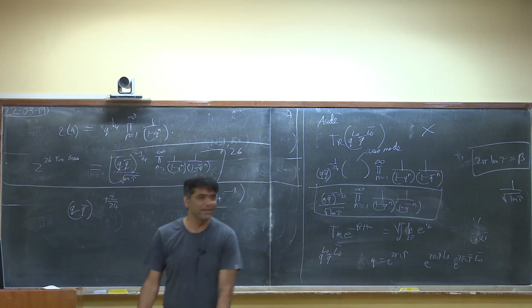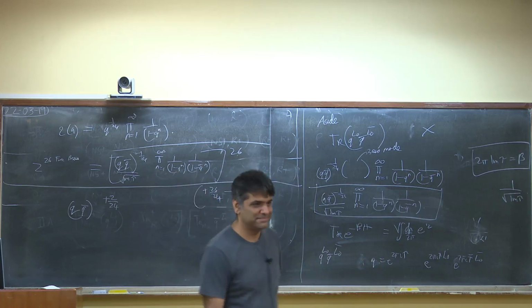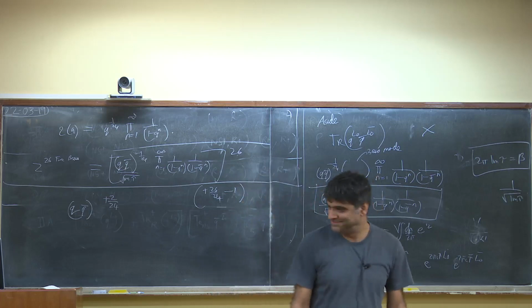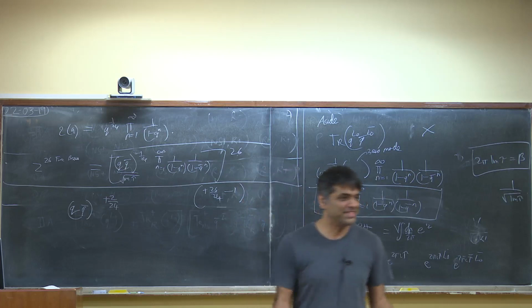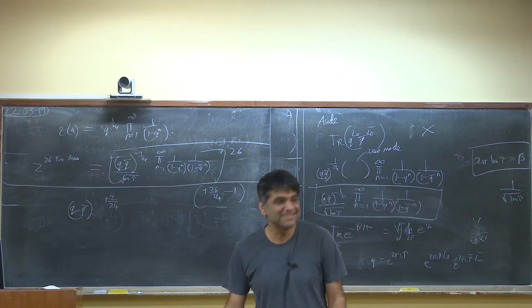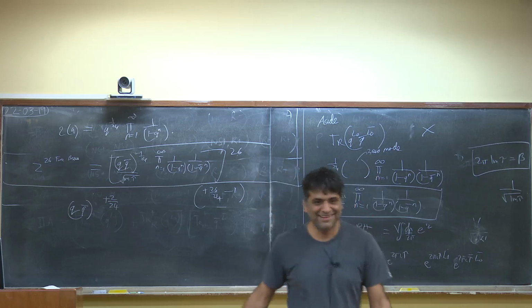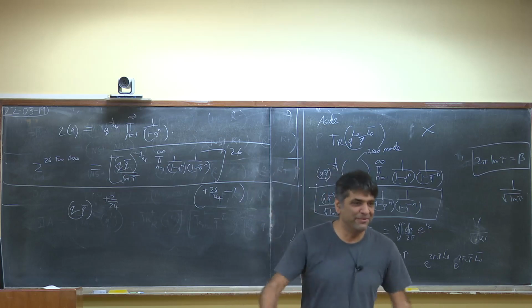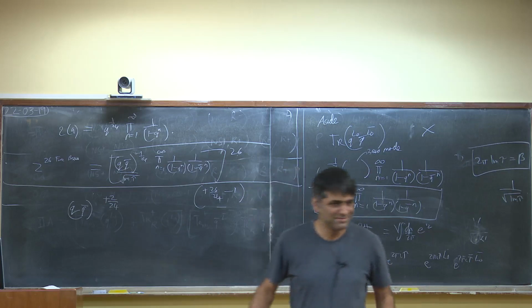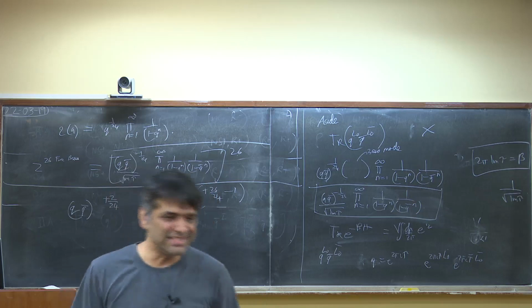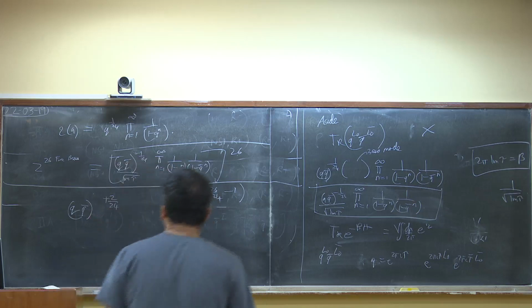What were the energies of B or C? Oscillator energies. Come on, you guys remember this. It was 0, 1, 2, 3, 4, right? This is B0, B1, B2, B3. The zero modes gave us some ground state degeneracy.